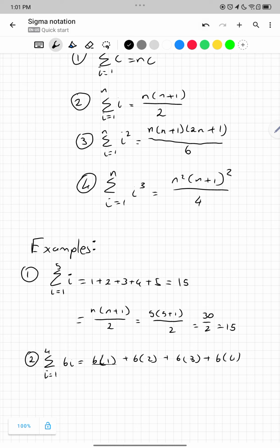This is 6, this is 12, this is 18, this is 24. Right, so this is 30, this is 30, so this is 60.